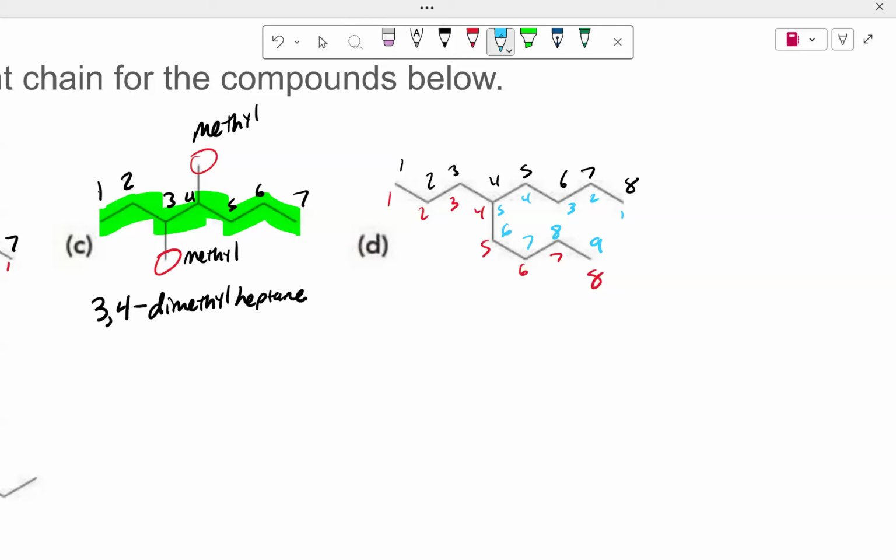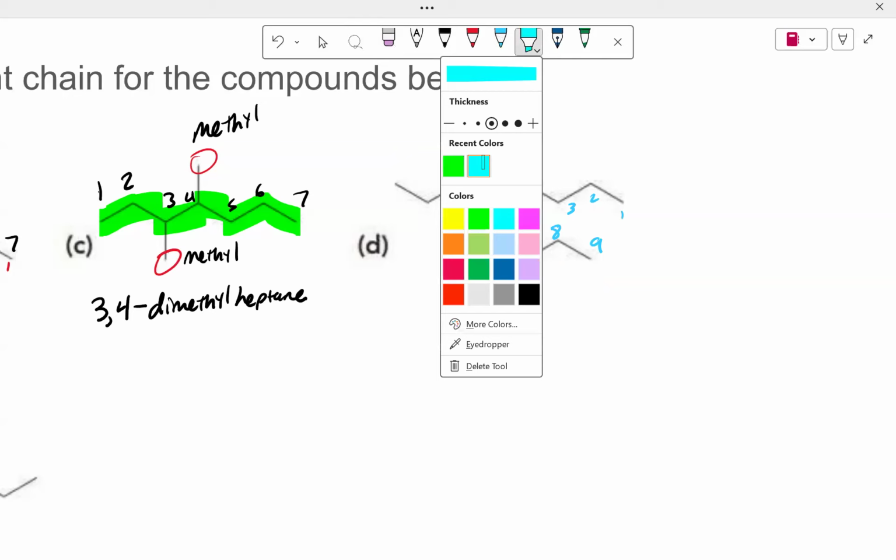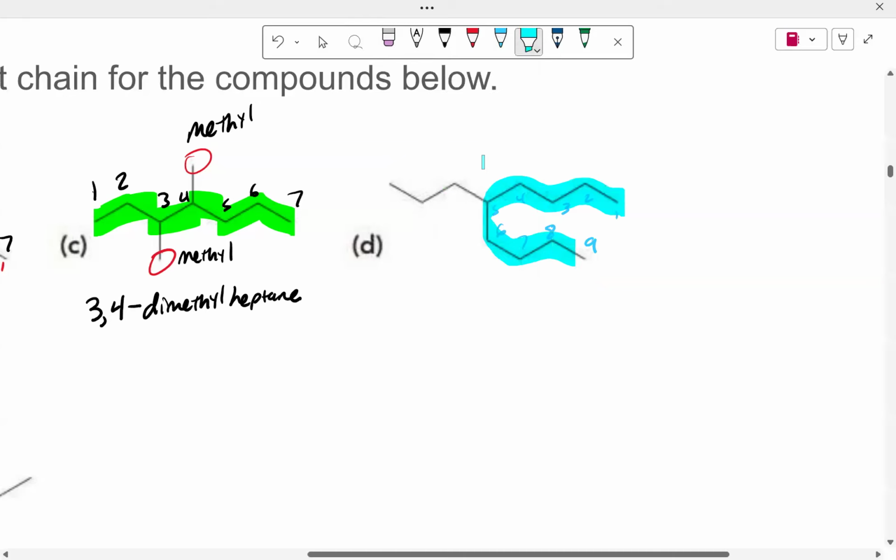Okay, so that blue pathway is the one that we're going to choose. Let me get rid of all this. And this is going to be my parent chain.